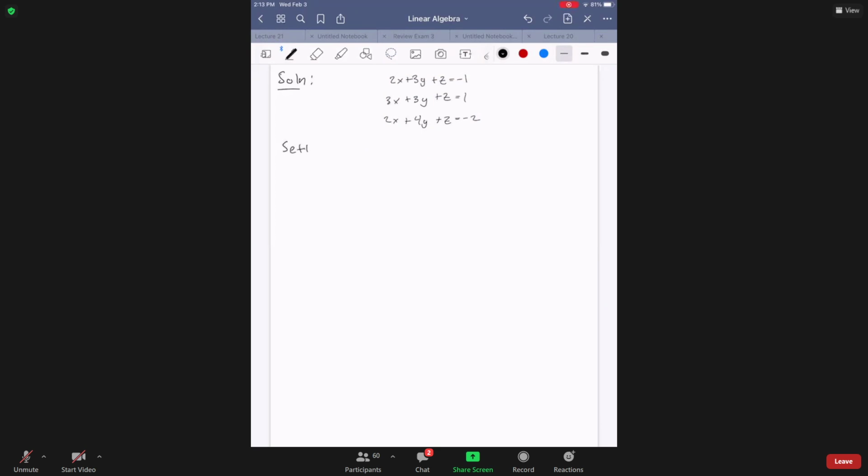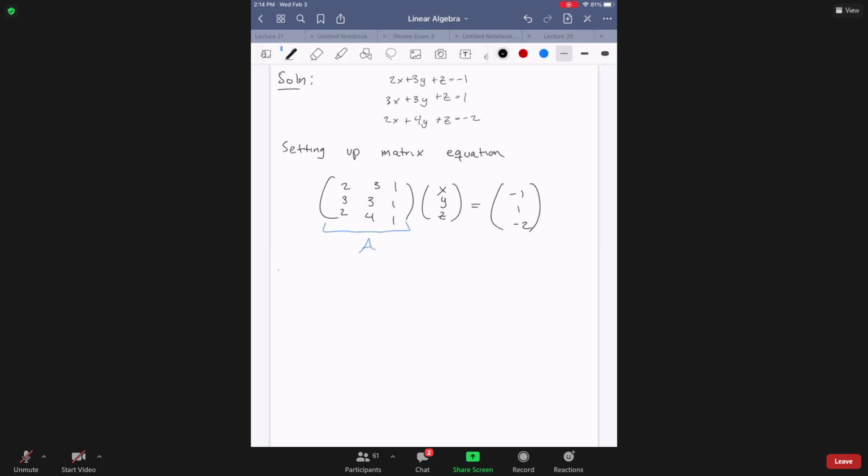Setting up the matrix equation, you get the matrix with rows 2, 3, 1; 3, 3, 1; 2, 4, 1, times x, y, z, equals -1, 1, and -2. So this is my A now.